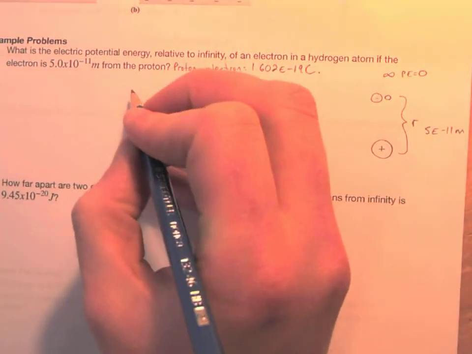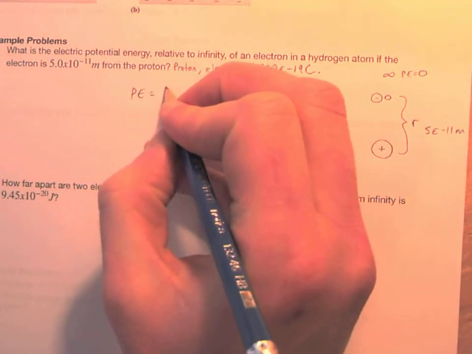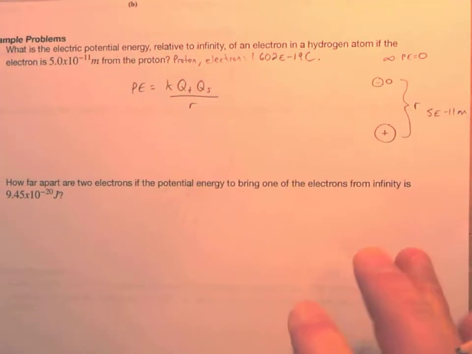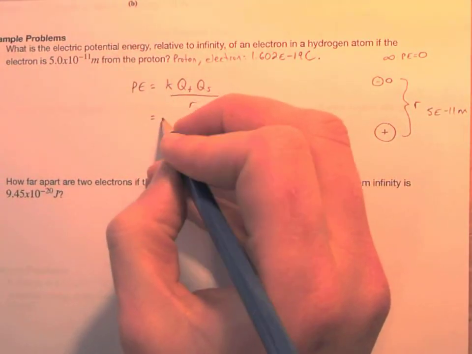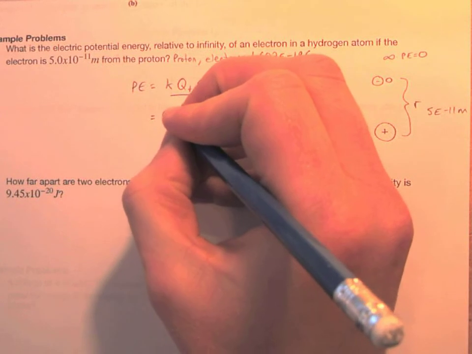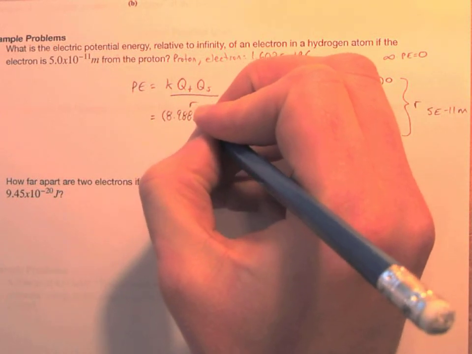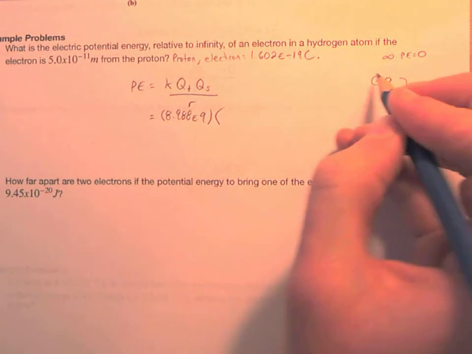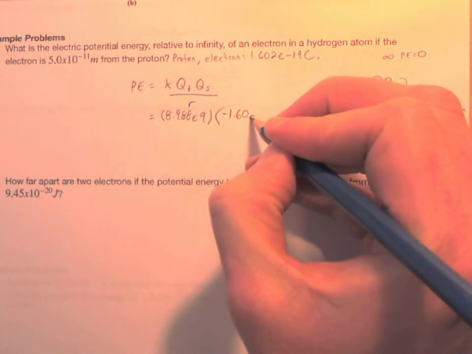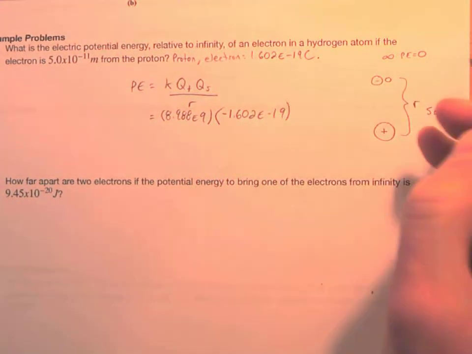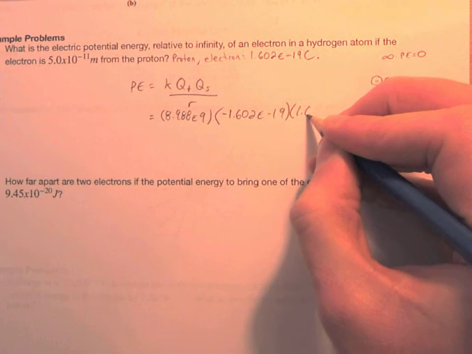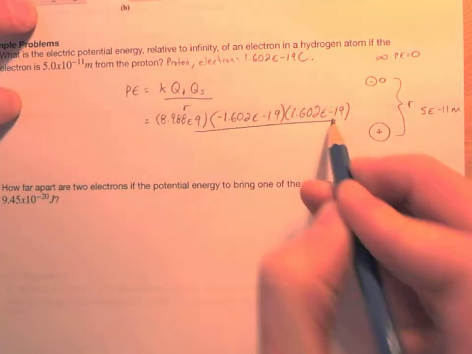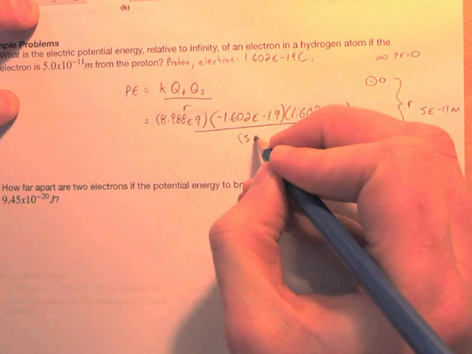Okay, so we just use our formula. PE is K, the test charge, the source charge, and the distance between them. So we're going to use our K value, which is 8.988 e to the 9, test charge, which is this, but it's negative because it's an electron. And then another one of this, but it's positive because of the proton, and the distance between them, which is 5 e to the minus 11.